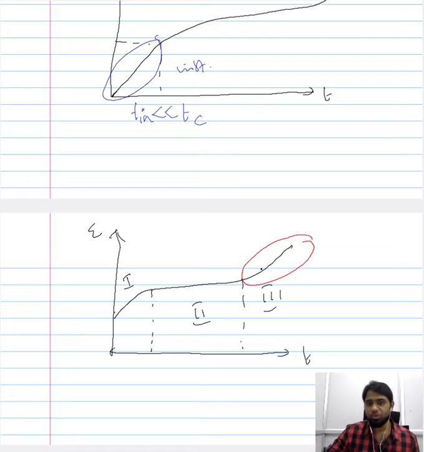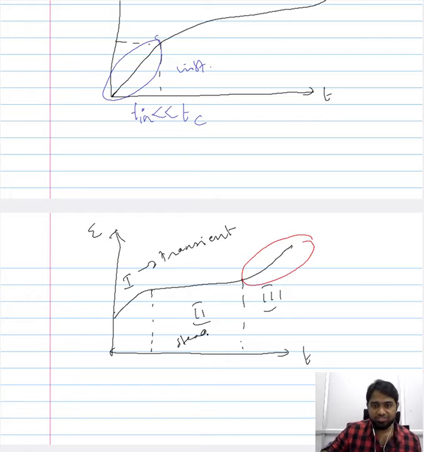Initially we ignored the instantaneous creep because of the time, and a similar consideration can be offered to this tertiary creep because it ultimately leads to the failure. So there are two stages that are critical for us: stage 1, which is the transient stage, and the steady state stage.